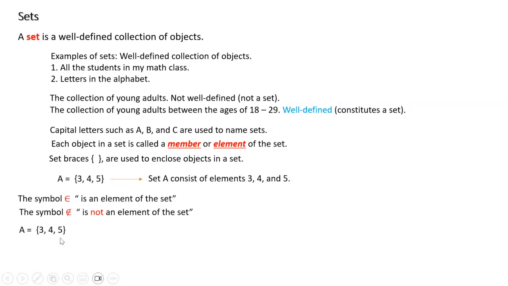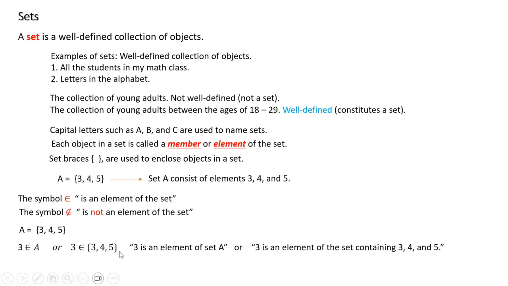You can say 3 is an element of set A, because 3 is in set A. Or you can say 3 is an element of the set 3, 4, 5. So that's how we use the symbol. And here's the correct wording: 3 is an element of set A, or 3 is an element of the set containing 3, 4, and 5.